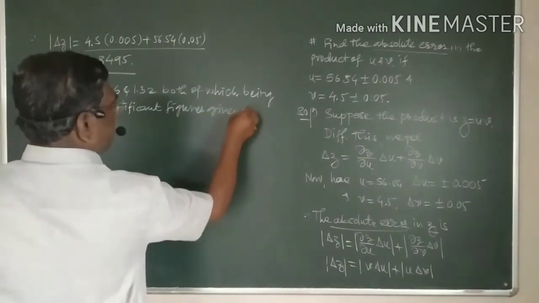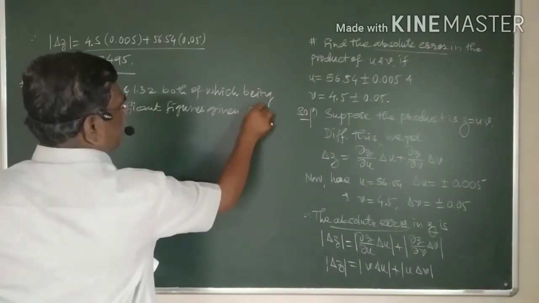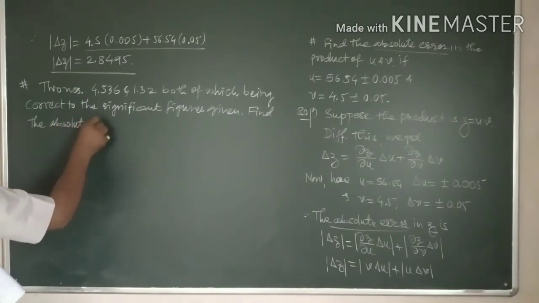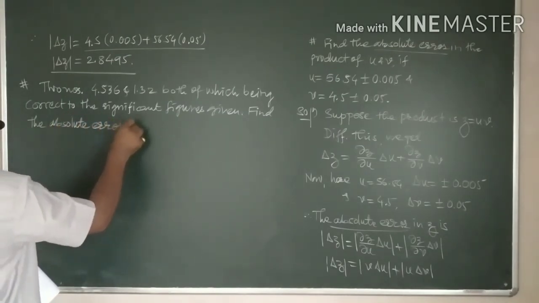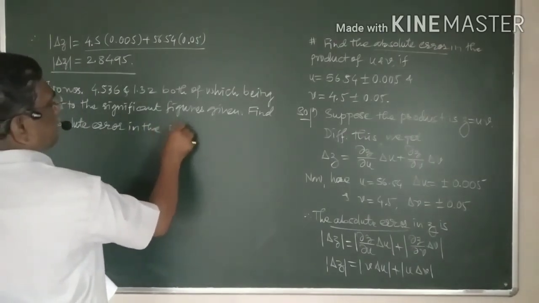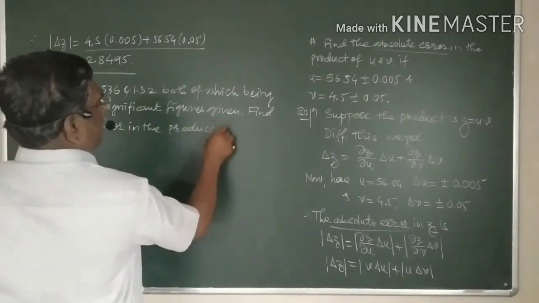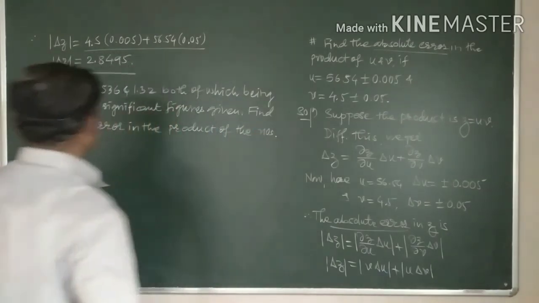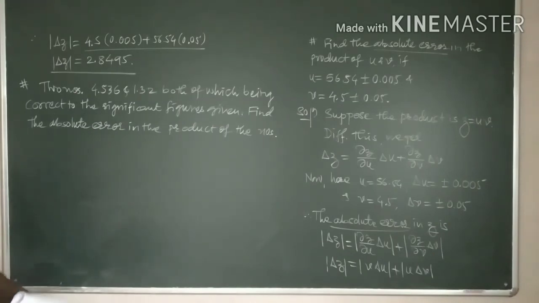Okay, what is the question? Find the absolute error in the product of the numbers. See what the problem is.